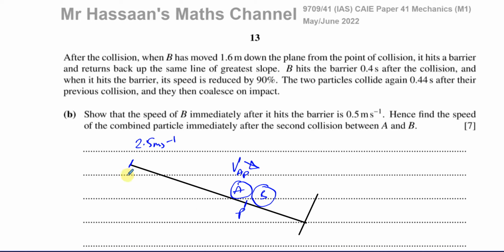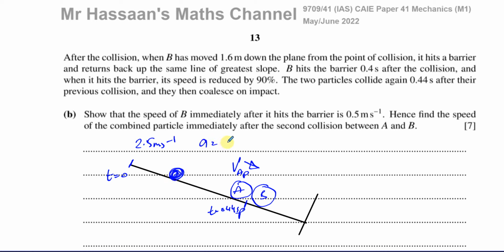We know that it took from time equals 0, the whole of this time, which is 0.44 seconds. That's the time it's been moving down this slope. We know the initial velocity, we know the time, we don't know the distance it's traveled, so we need to know the acceleration in this case, which we can work out.